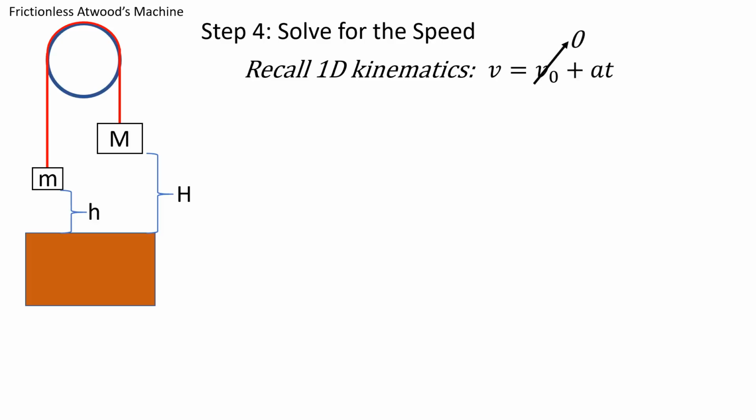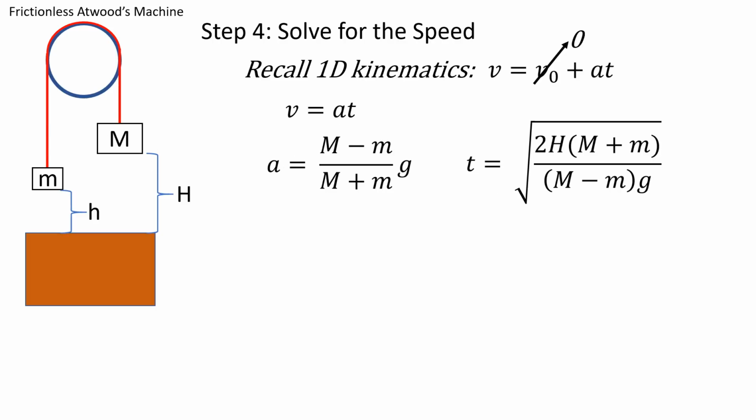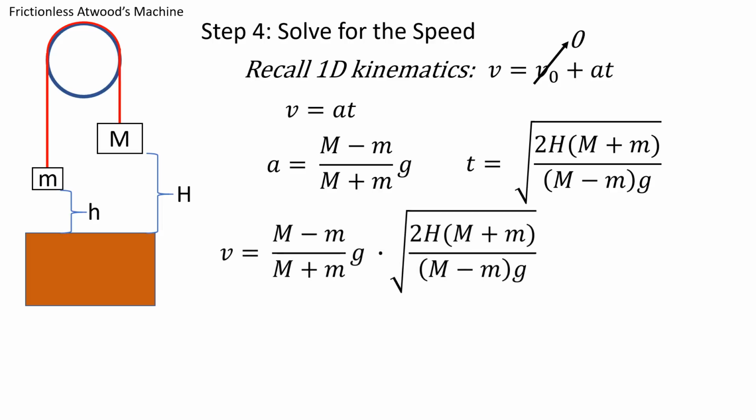And again, we're releasing this from rest, so we have v naught equals 0, so simply v equals a t. So v is the speed with which the mass big M will hit the table. We've already solved for the acceleration at which it's moving, and the time it takes to hit the table, so we simply have to multiply these together.